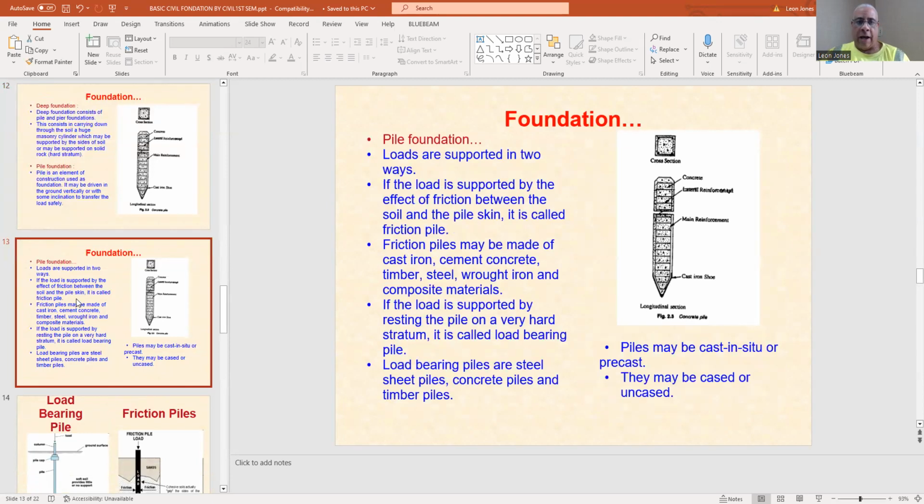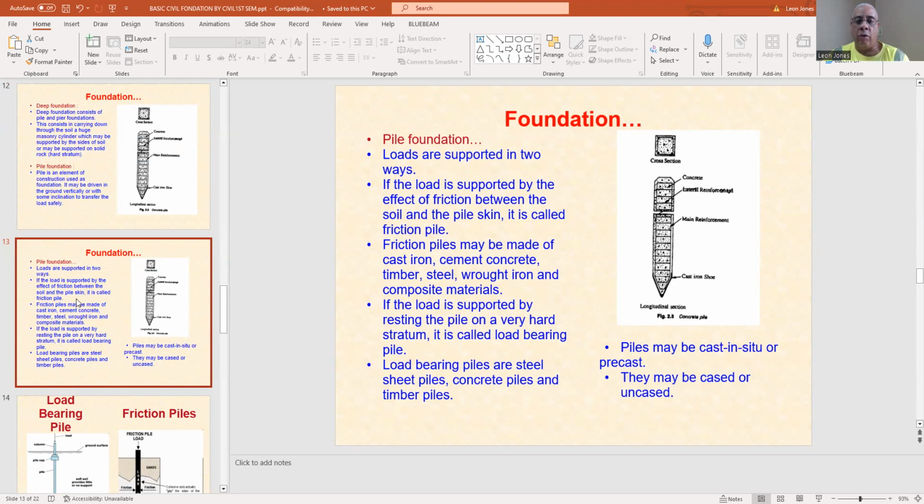When we have pile foundations, loads are supported in two different ways. So if the load is supported by the effect of friction between the soil and the pile skin, it is called a friction pile. Friction piles may be made of cast iron, cement, concrete, timber, soil, wrought iron, and composite materials.